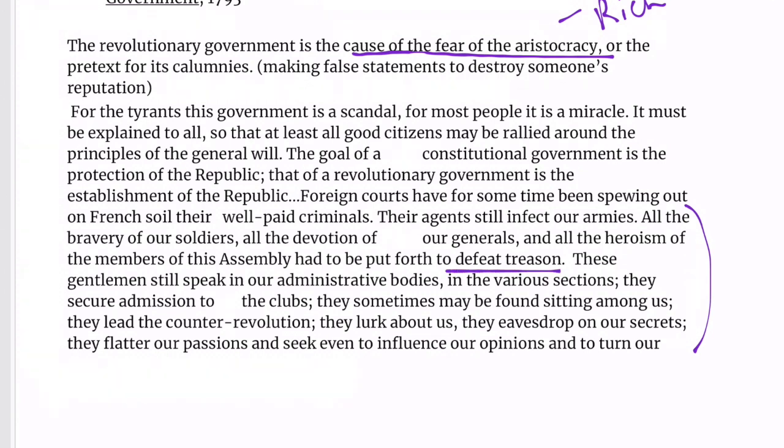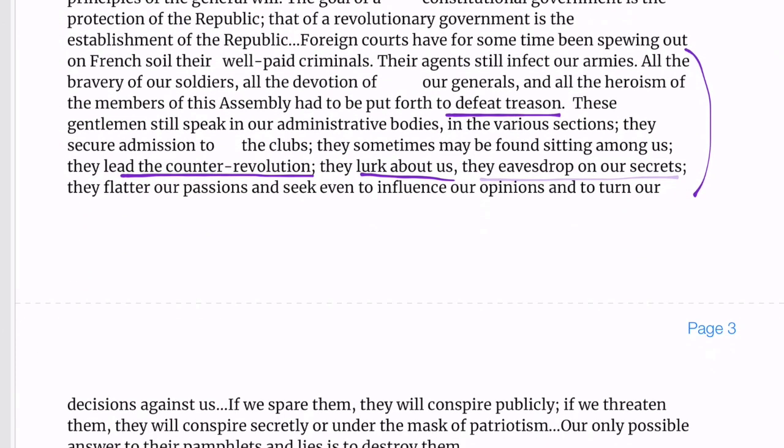These gentlemen speak in their administrative bodies and the various sections they secure admission to the clubs, and they can sometimes be found around among us. They lead the counter-revolution. That means they're going against the revolution. They lurk about us. They eavesdrop, so they're very sneaky. He's trying to get that point across. They flatter our passions and seek even to influence our opinions. So they're looking to try to change the revolution and get people to be influenced.